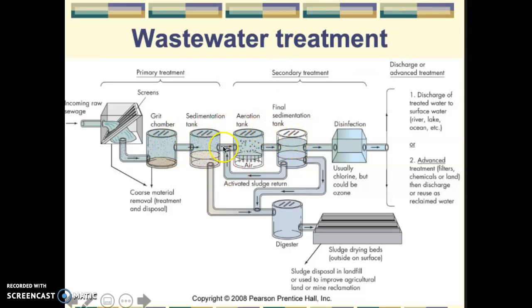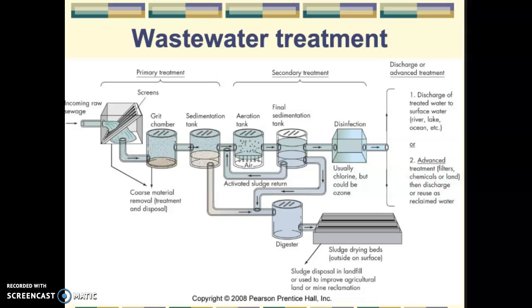You enhance what nature does. Essentially, this system is set up to encourage bacteria to grow and break down the waste. You end up with treated water, which can then be discharged to surface water, and sludge, which is the solid material, which is put into drying beds and then disposed of elsewhere.